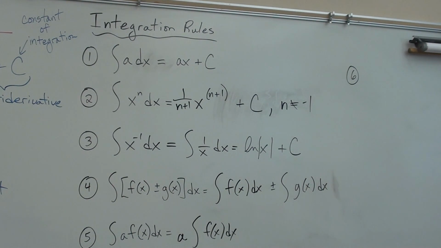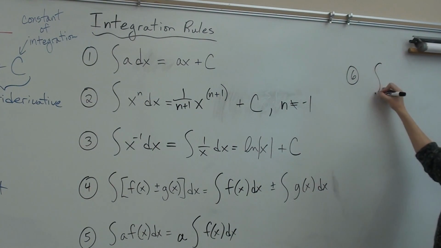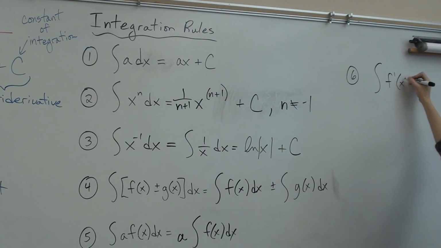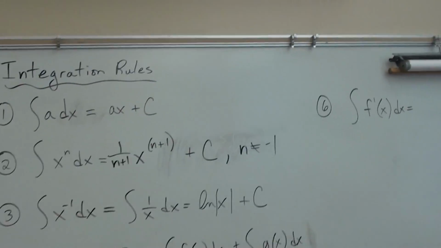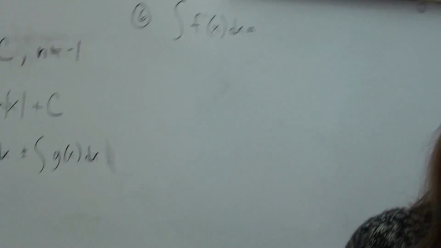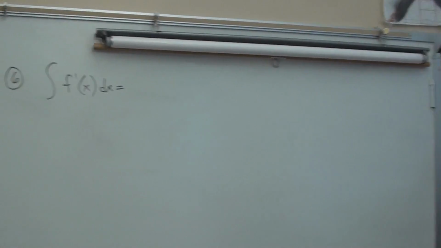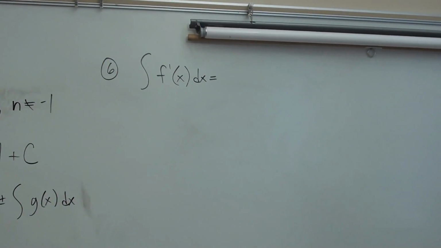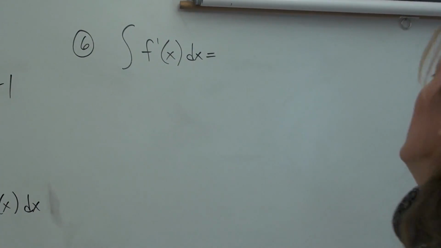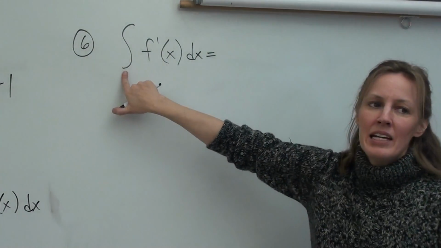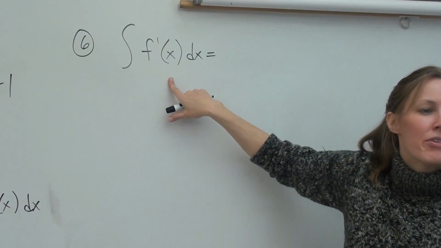Okay, there's two more quick properties. These emphasize an important concept. For the 6th rule, this is the antiderivative of the derivative of f.